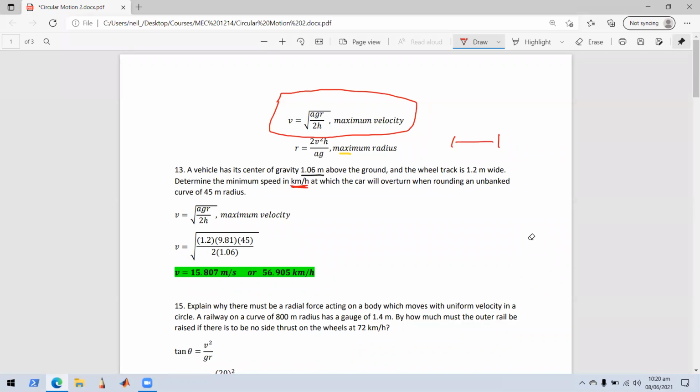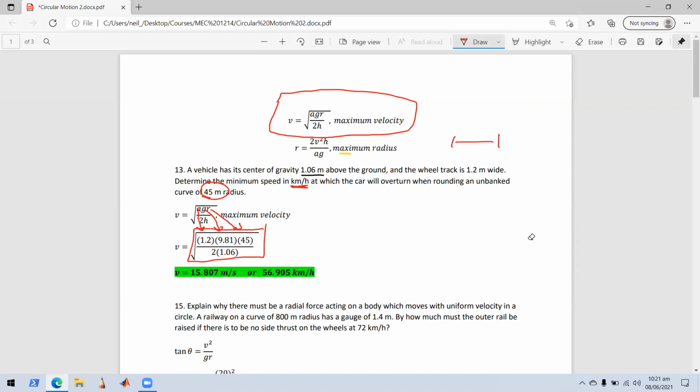So how do we do this? Well, we just simply plug the values in. A is 1.2. G is of course 9.81. R is of course 45 meters, which is the radius. Right? And the center of gravity, 2H, is 2 times 1.06. Plug this into a calculator.